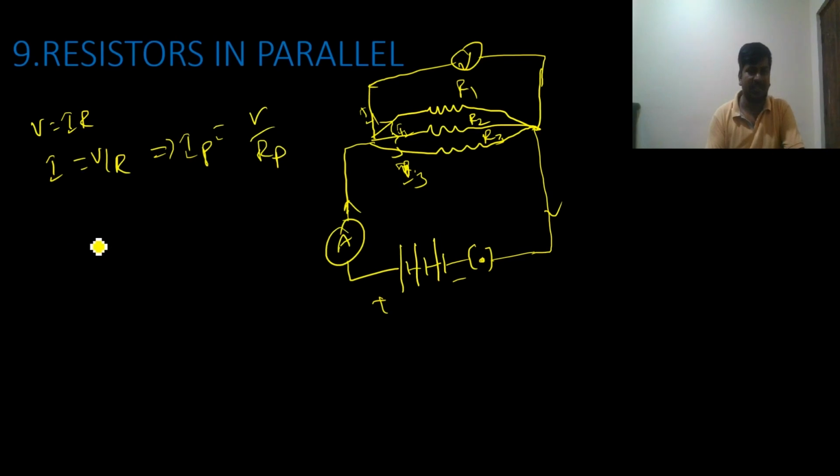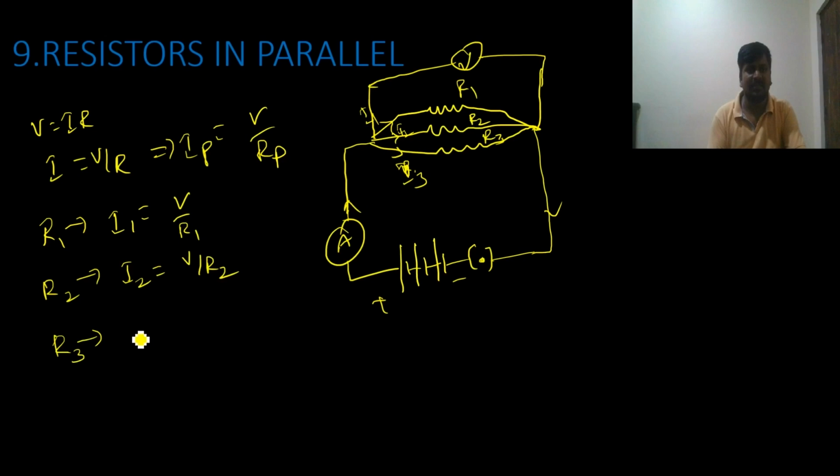So for resistor 1, I1 equals V by R1. For R2, I2 equals V by R2, and for R3, I3 equals V by R3.